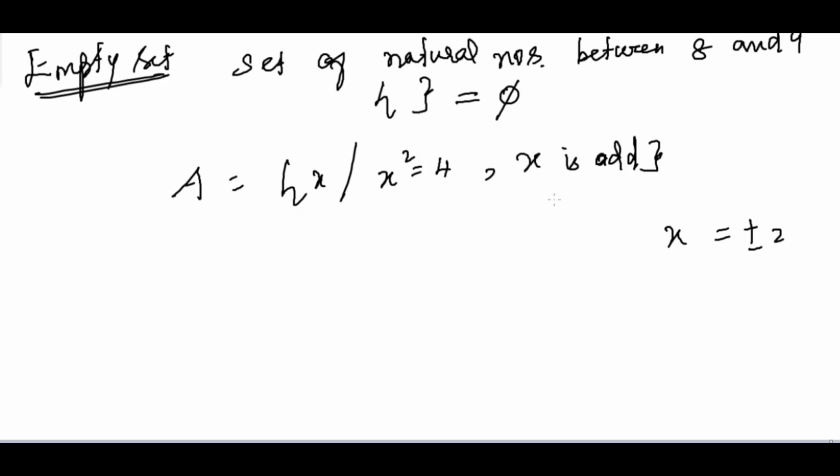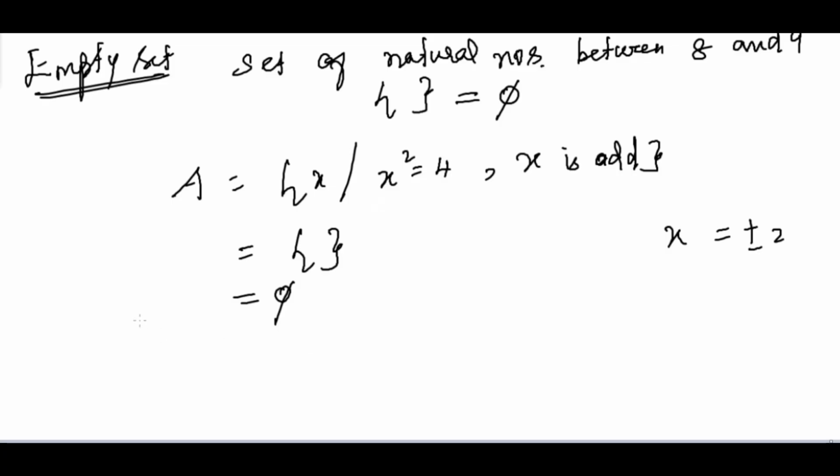But here it is given that x is an odd number. There is no odd number for x here. So this set is actually an empty set. If we list out the elements, only then will we be able to find out whether this is empty or not. So this is also an example of an empty set.